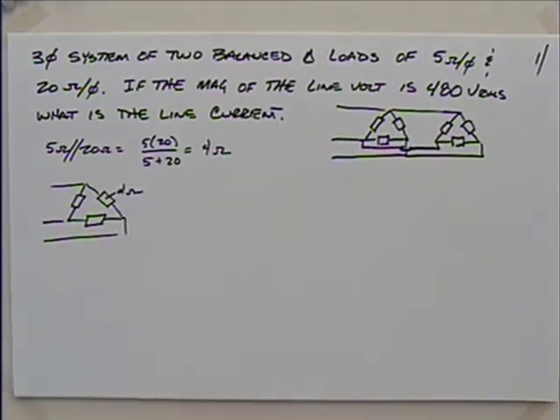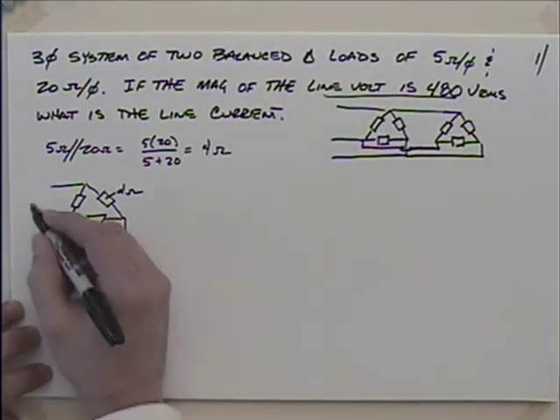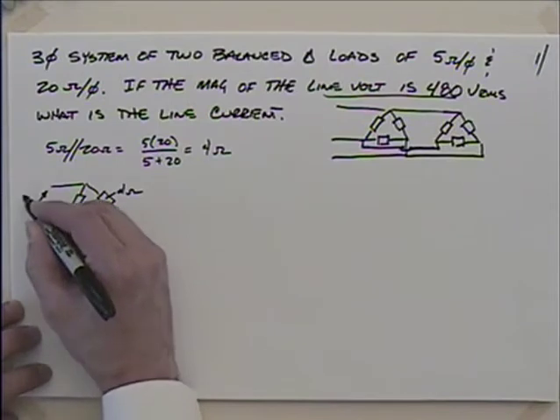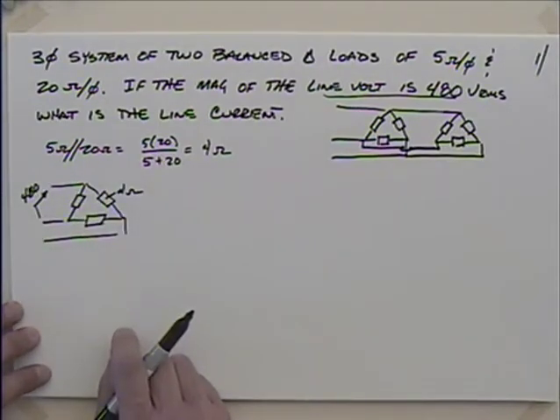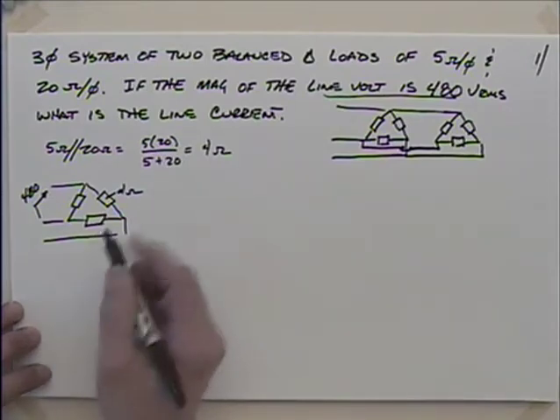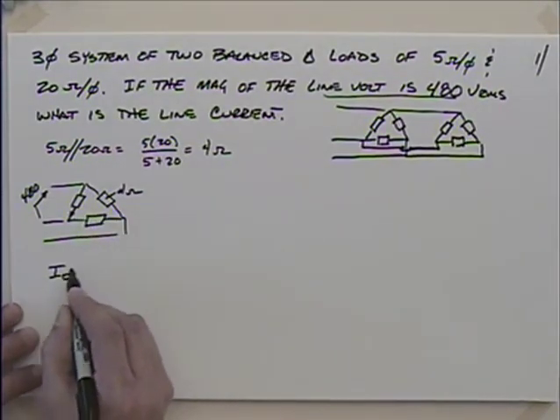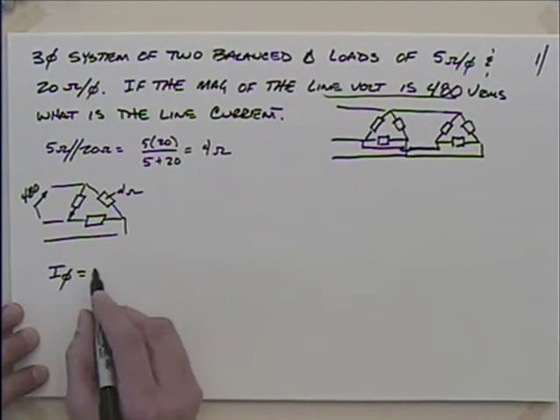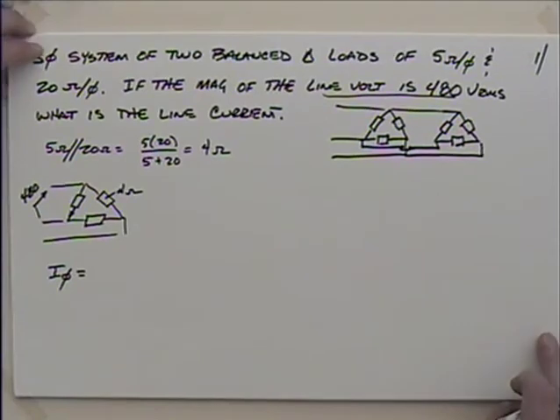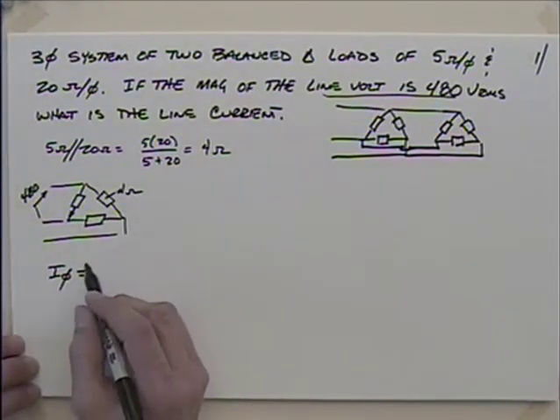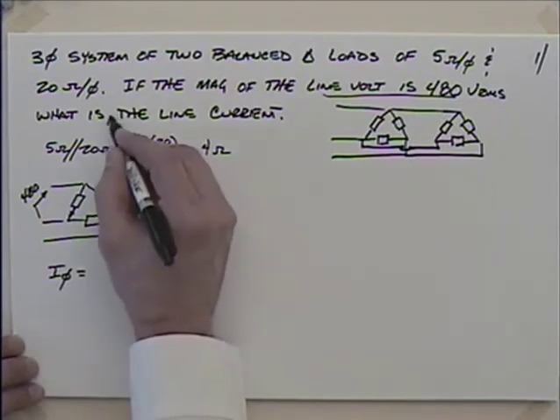Okay. And we're told that the magnitude of the line voltage is 480. So for instance, across here, this is 480, right? Okay. So I could say that the current in the phase, I phase, that would be equal to the magnitude, because that 480 is just magnitude, so I'll just talk in magnitude because that's really all I want, the magnitude of the line currents.